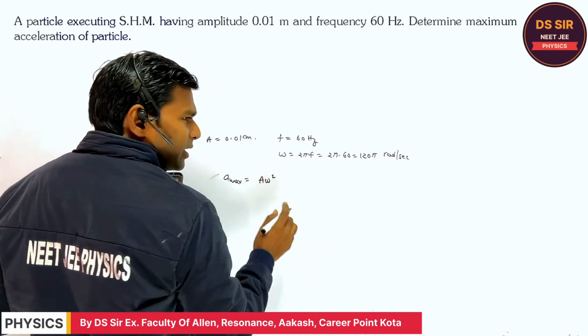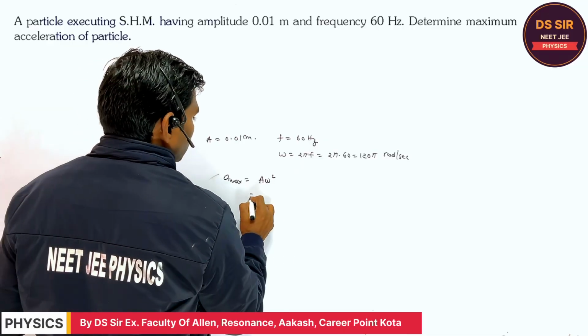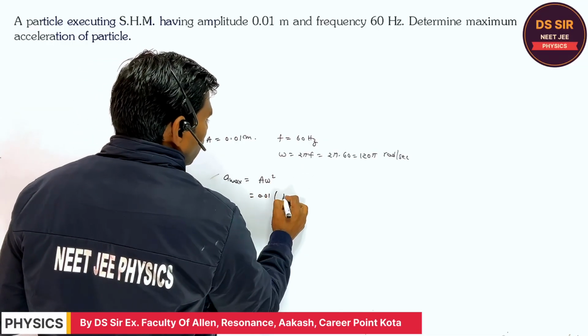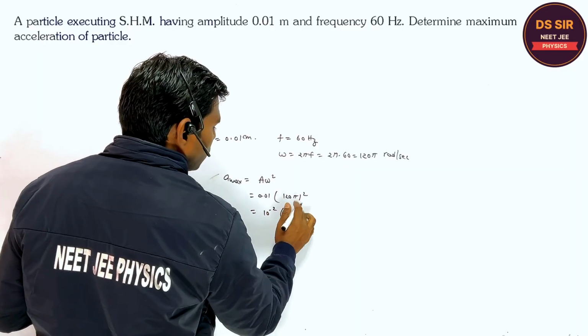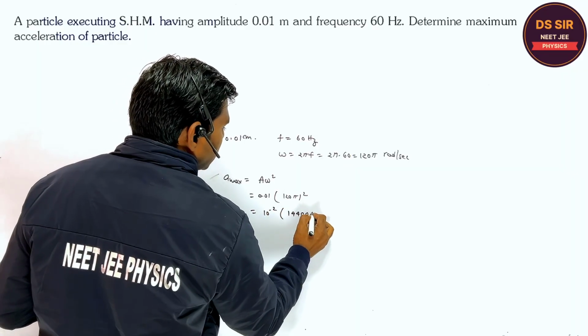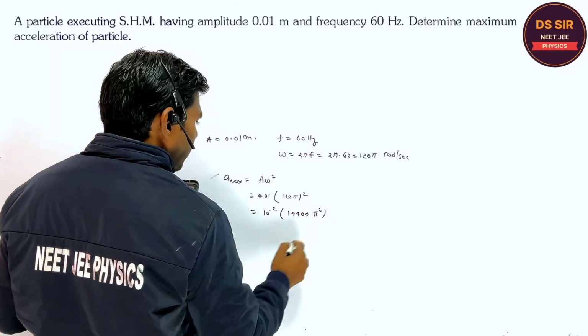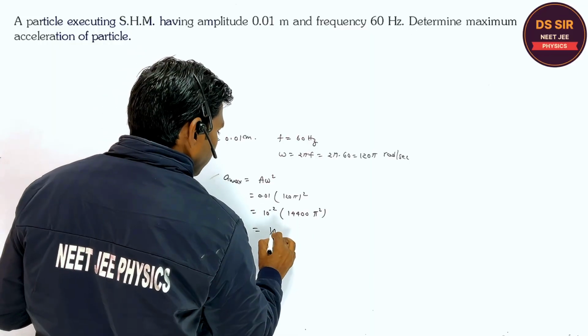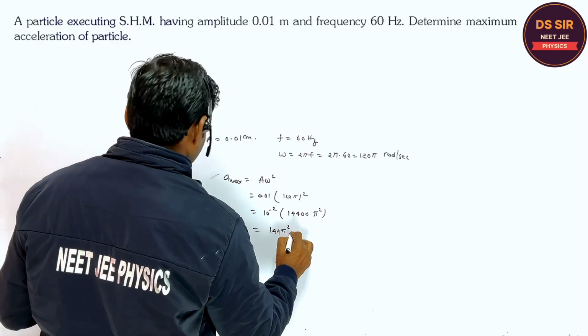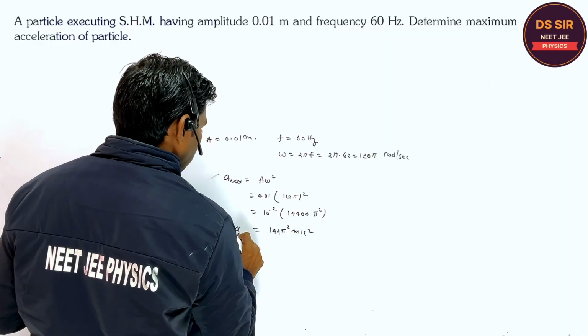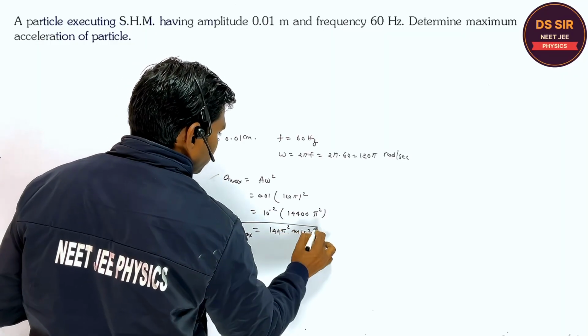It occurs at the extreme position. So A is 0.01, and omega is 120 pi, whole squared. It is 10 raised to minus 2 times 144 pi squared. So this is 144 pi squared, in meter per second squared. This is a very simple question.